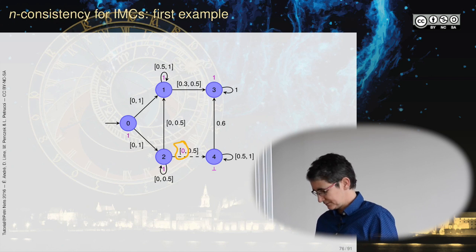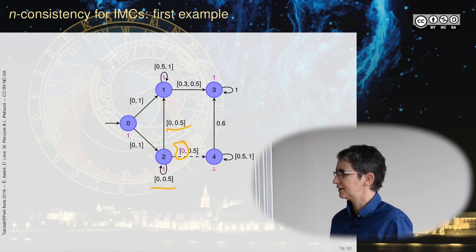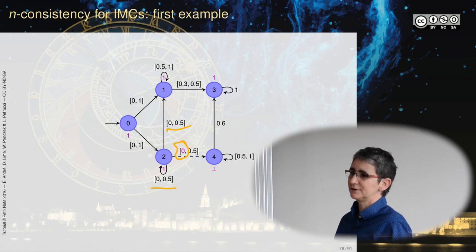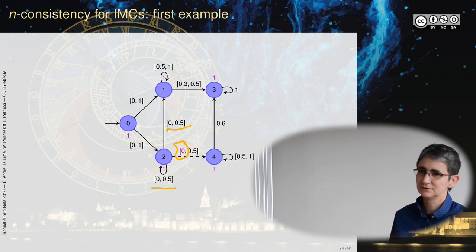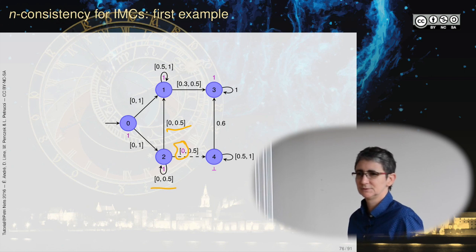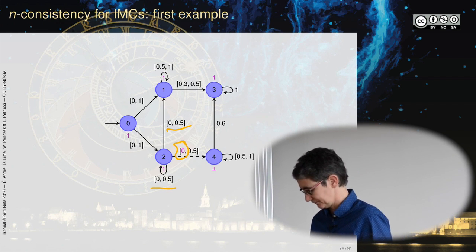If we choose 0, let's look at what is remaining. We have an interval [0, 0.5], and another interval [0, 0.5]. If we sum that, we'll have 0 as the sum of lower bounds and 1 as the sum of upper bounds. So it works. We can choose values so that the total is 1.